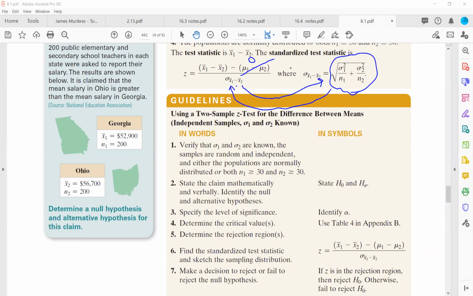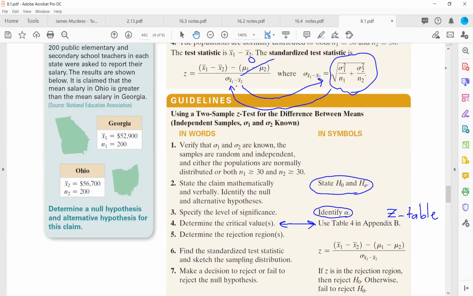Then state the null and alternative hypotheses. Identify your alpha, the level of significance. Use the z table to find critical values.